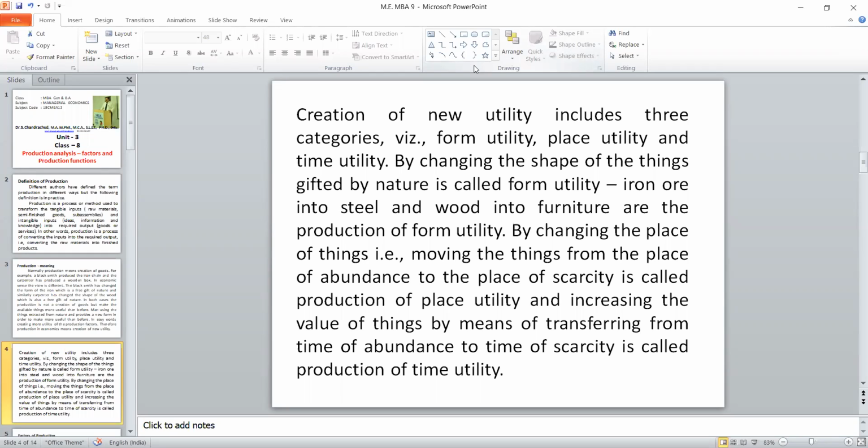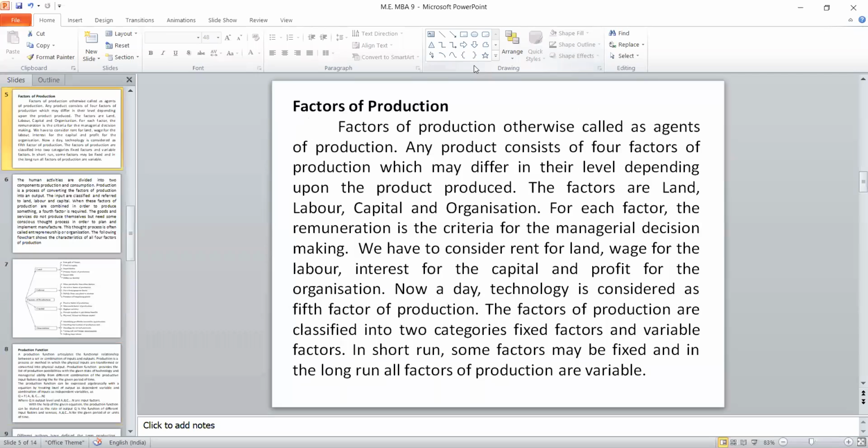It is when we transfer that particular good to a time of scarcity, then it is called time utility. But all these things come under production only. So the types of utility are 3: form utility, place utility, and time utility. Based on this utility only, we are getting the required output.